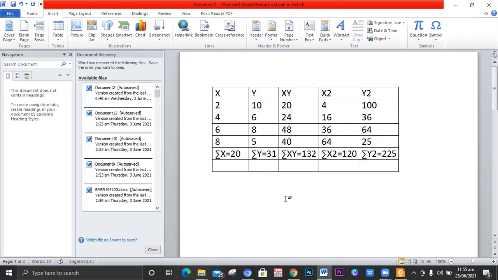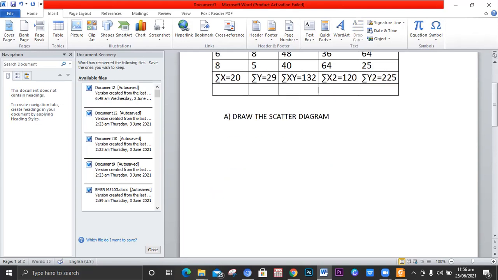Okay. So I need you to choose the task you're going to pick. Number 1. Somebody must help us draw a scatter diagram. Sorry, the summation of y should be 29. Summation of y is 29. Okay. So one will lead us in drawing the scatter diagram. The other one will find the regression equation.